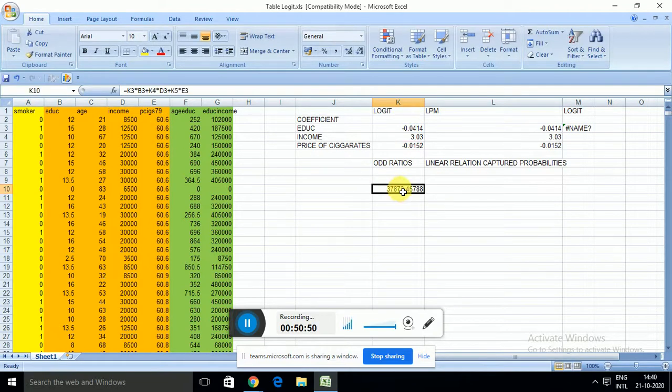So what is missing here is my alpha, which is my intercept.